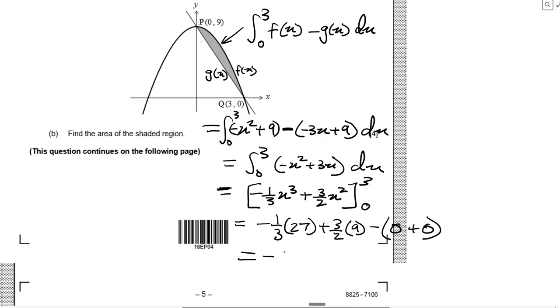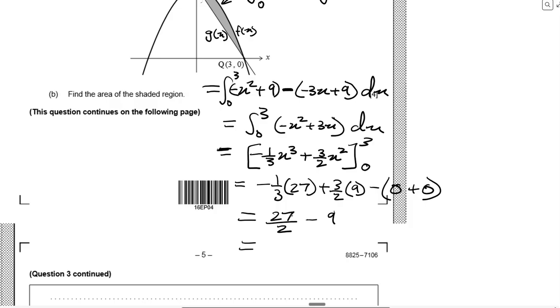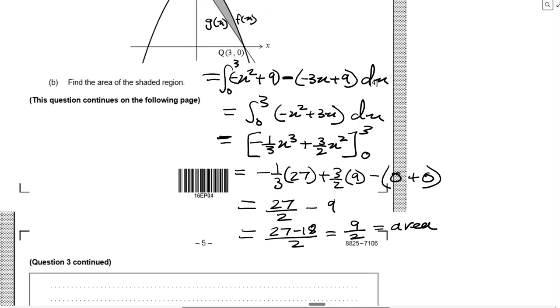So our answer is 3 over 2 times 9, that is 27 over 2, minus 27 over 3, that's just 9. And what we want to do is make this one fraction, so 27 minus 18 over 2 is equal to 9 over 2, and that is our area. And I would say square units. If they do not give you units, just use square units.